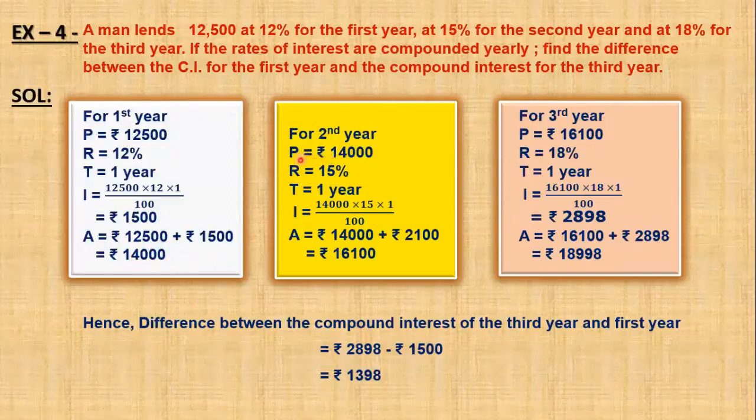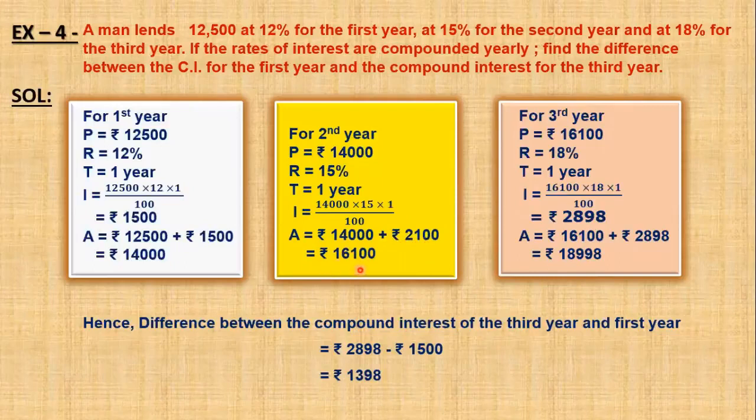So for second year, principal is rupees 14,000, rate 15%, time 1 year, and interest is 14,000 by rate 15% into time upon 100, that is rupees 2,100. Amount is rupees 14,000 plus rupees 2,100 is equal to rupees 16,100.